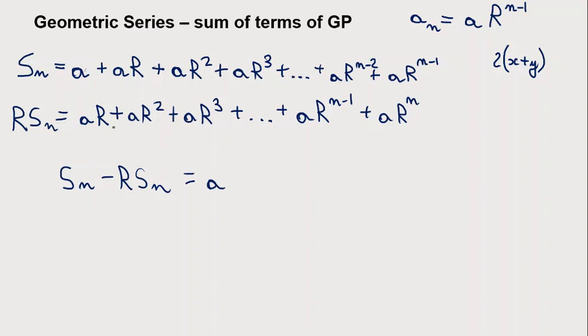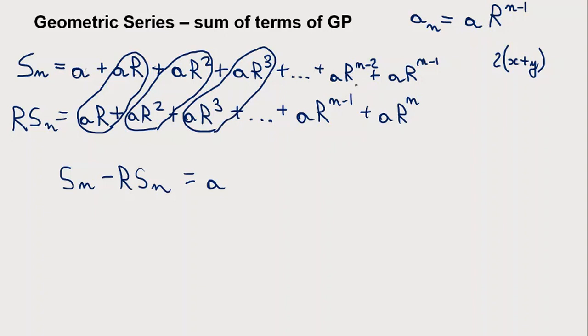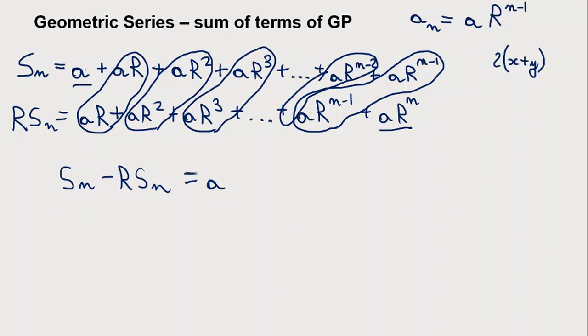However, almost all the terms will cancel out because you will end up having ar squared minus ar squared and ar cubed minus ar cubed, and even at the other end you will have ar to the power of n minus 1 minus ar to the power of n minus 1. So all of them will cancel out, all of them will have a pair, apart from the very last term and the very first one. So taking the first line minus the other on the right hand side gives you a minus ar to the power of n.